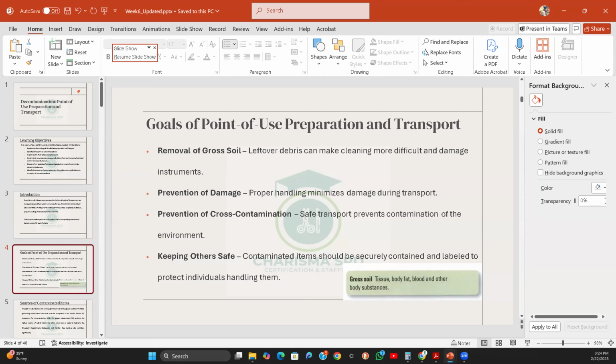Another goal is to prevent damage to instruments. When you leave gross fat, tissue, and blood on instruments, they damage the surface or the fine finish of the instruments. When you get to the Central Sterile Processing Department, you see that the instrument has a certain finish.